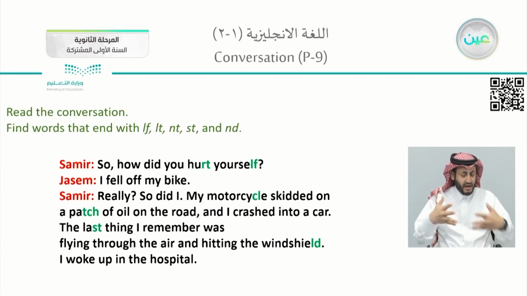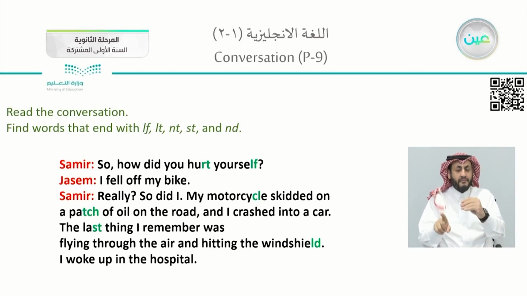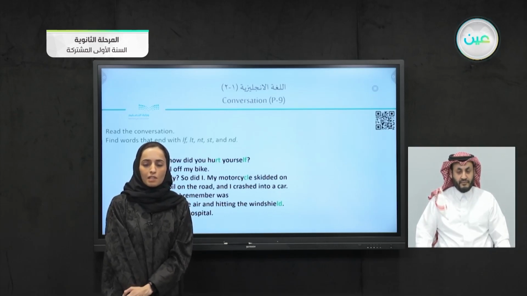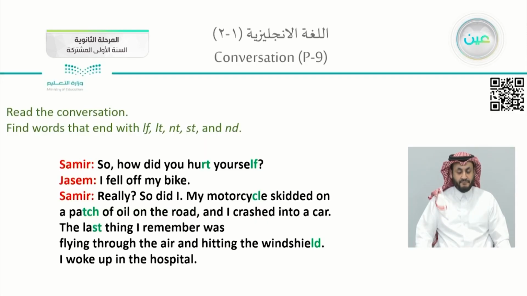Just notice the last part of each word, and if it comes with 2 or more consonant sounds, it is a consonant cluster. Okay, so this is the idea of a consonant cluster.